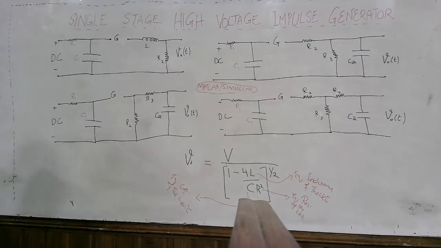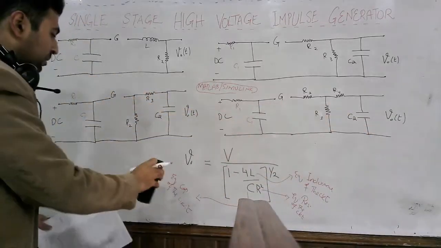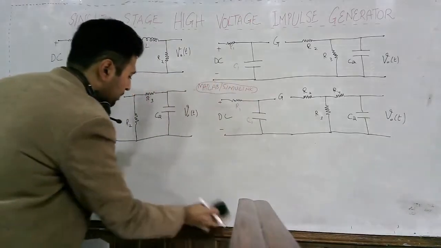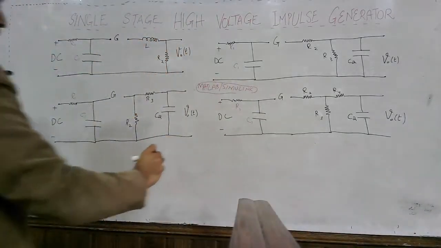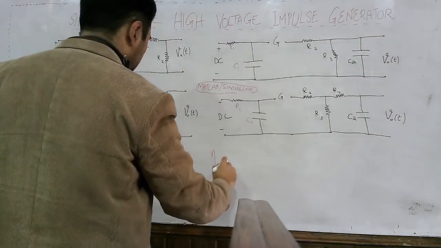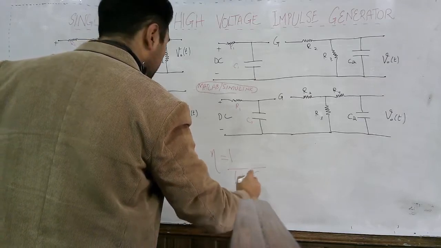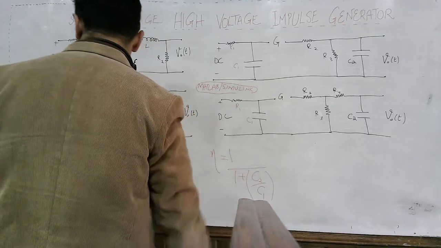Now let's discuss the performance parameters, like the efficiency of the impulse voltage generator which we have been using. To determine the efficiency, you have the formula eta is equal to 1 divided by 1 plus C2 by C1.